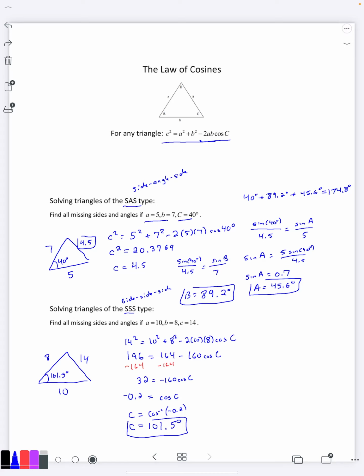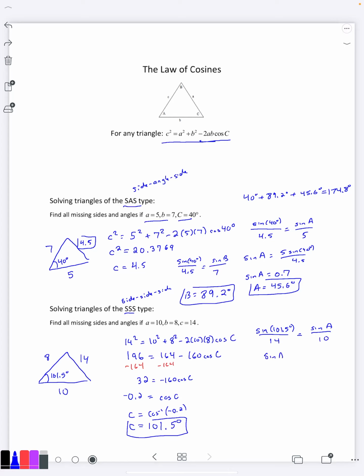And once you have one piece of information from law of cosines, we can switch back to law of sines now. So sine of the angle we now know, divided by the side opposite, is equal to sine of angle A over the side 10.